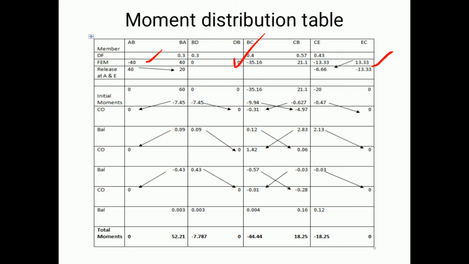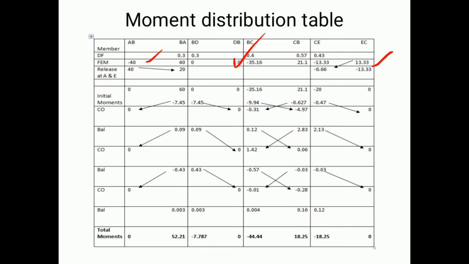So in such case, I need to add minus 13.33 here, and then I need to carry half of this moment to the same span to the next supporting member. That is, for EC, if I want to release the moment, I need to add half the moment to the CE, with the same sign convention.